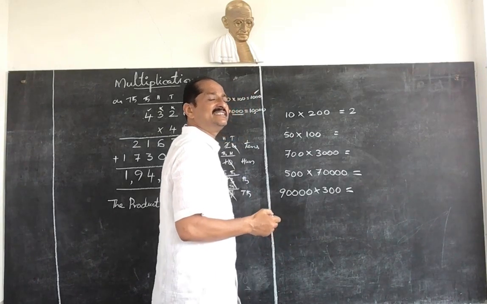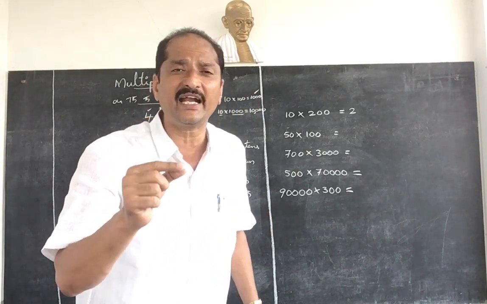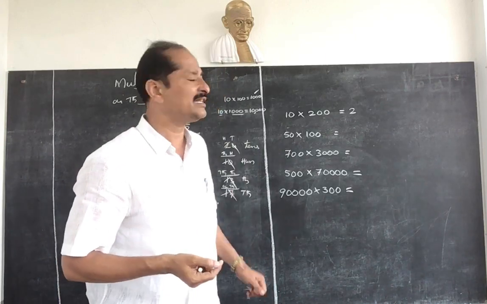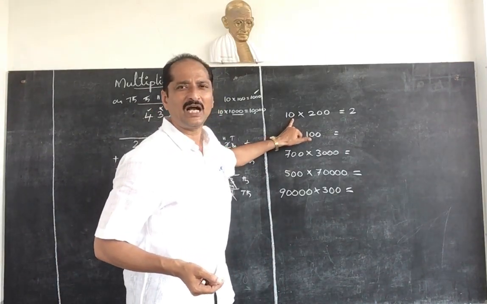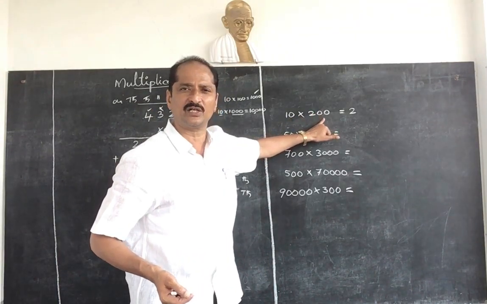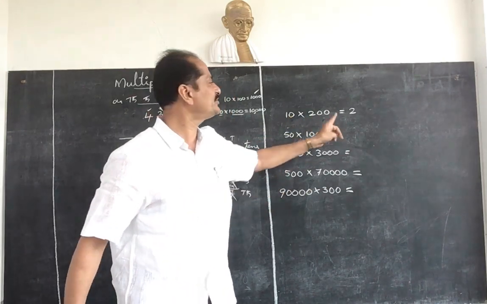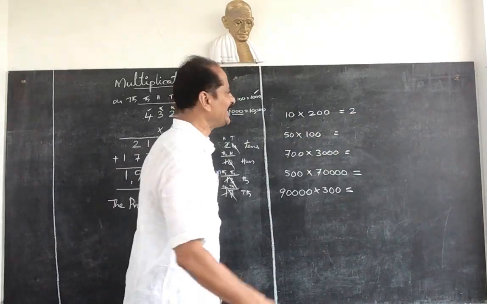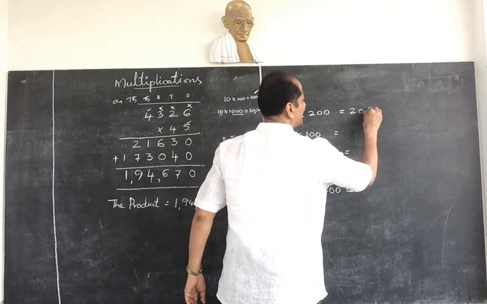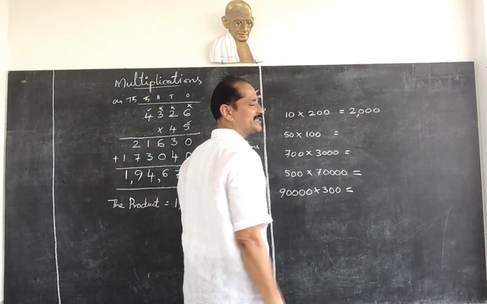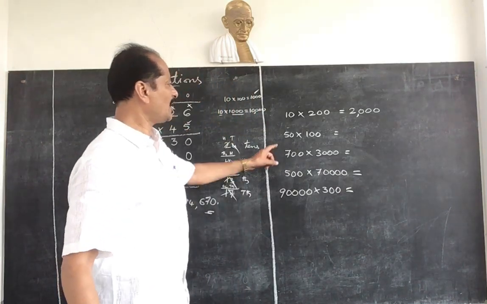Yes, there are zeros in the multiplicand and multiplier. In the multiplicand here we have 1 zero and in the multiplier here we have 2 zeros. 1 plus 2 is equal to 3. So 3 zeros we should write after the product. Then if you write 3 zeros, how much does it become? 2000. This is 2000.